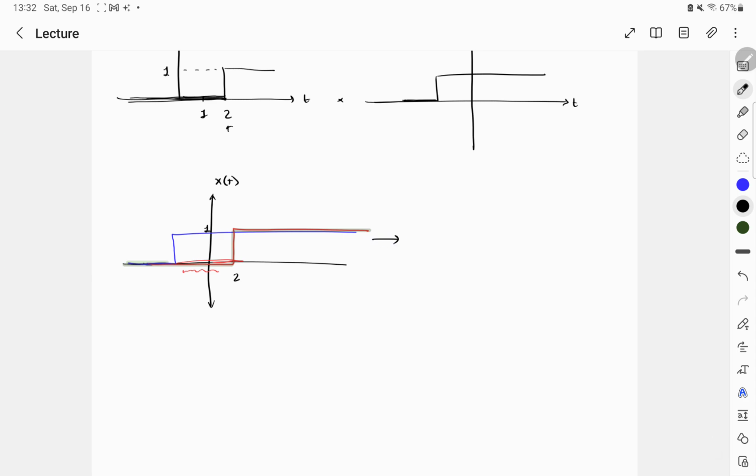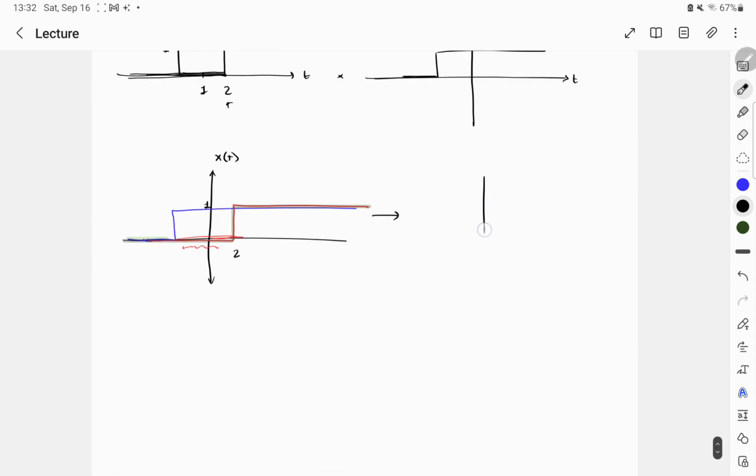Our first step was to find the derivative function, and then here we have the derivative function x'(t), and then here we have t. Here we're going to plot the slope.